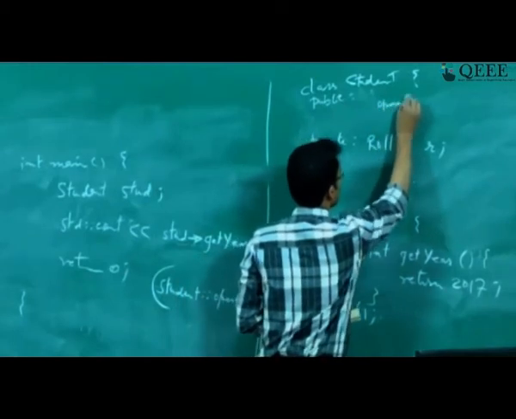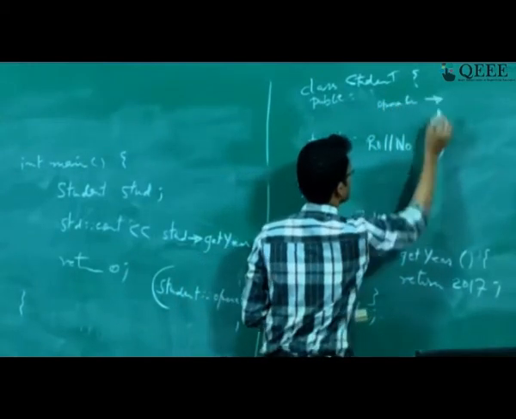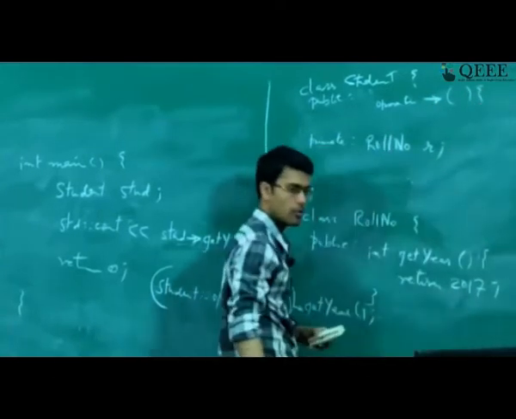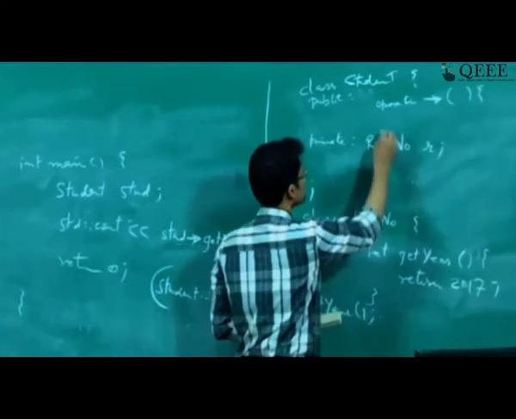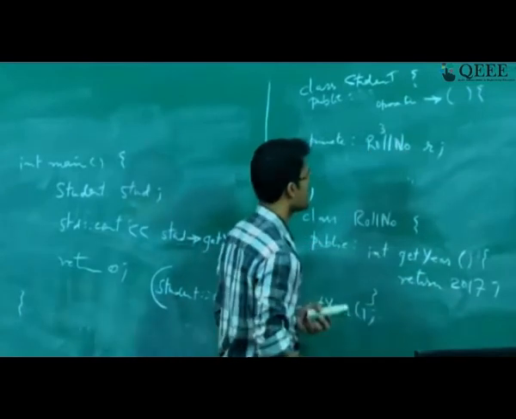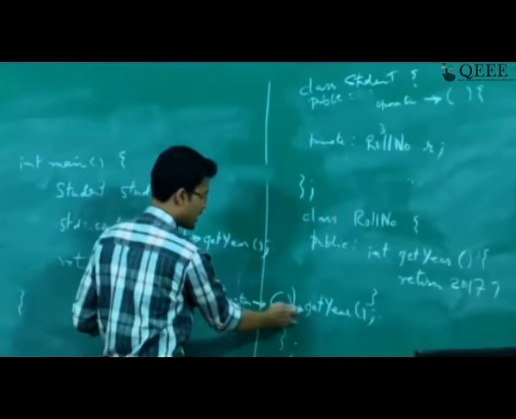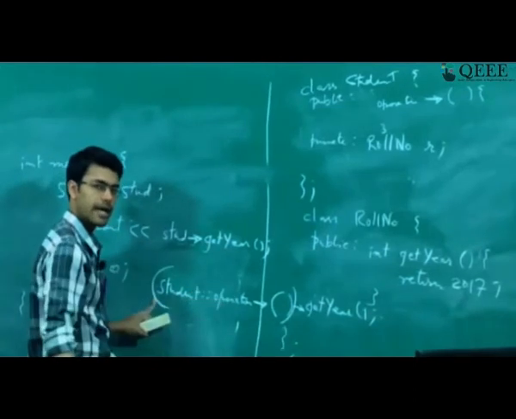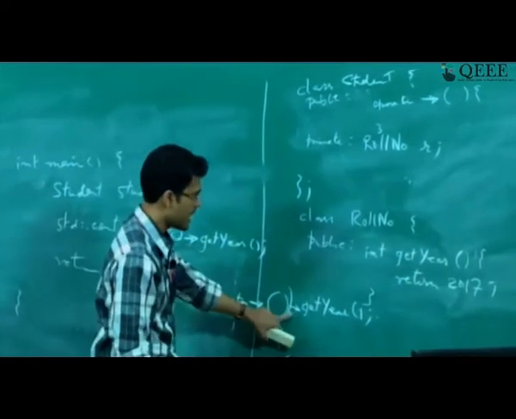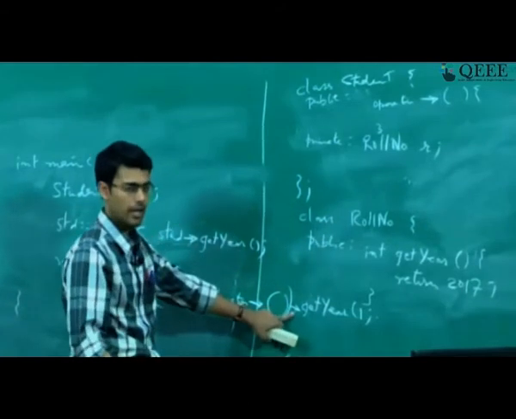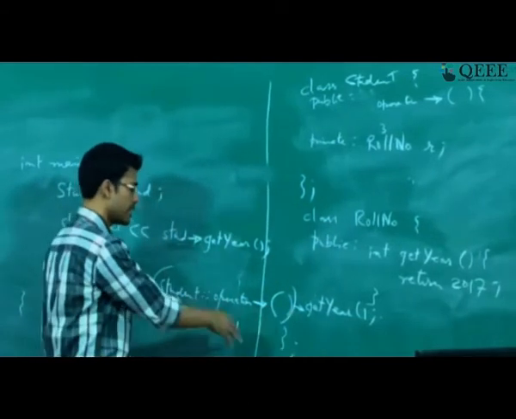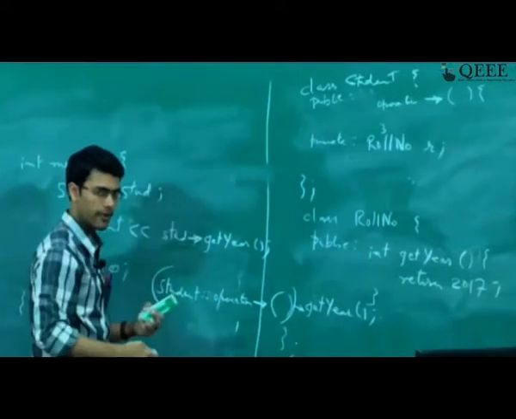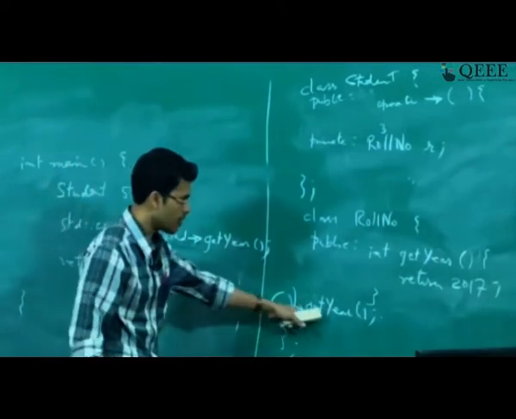So there is an operator arrow which I want to override, which takes no parameters, and what it should return is something on which I will be able to apply the arrow operator. The language will automatically apply the arrow operator on that. This is the actual pointer-related arrow operator. You can go deeper and return something on which the arrow operator is defined, on which another arrow operator is defined, and finally it calls the getYear.